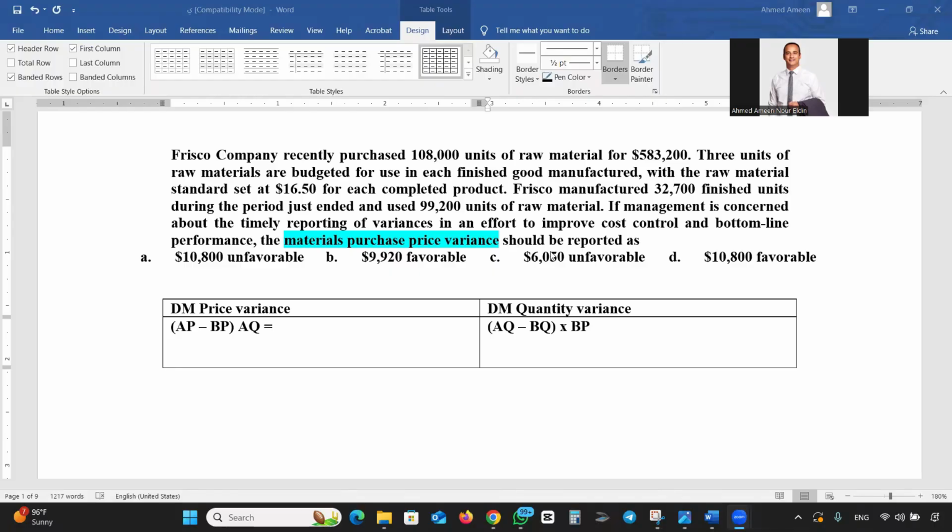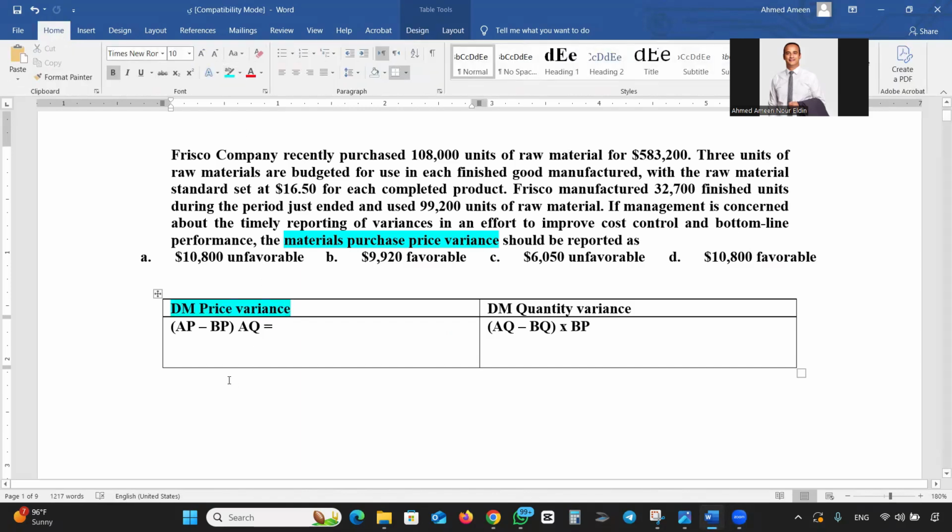He is now asking about the material purchase price variance, which is that formula. Now I'm searching for the three amounts: actual price, budgeted price, and actual quantity, of course for the direct material. This company recently purchased 108,000 units. This is the actual quantity that I bought.